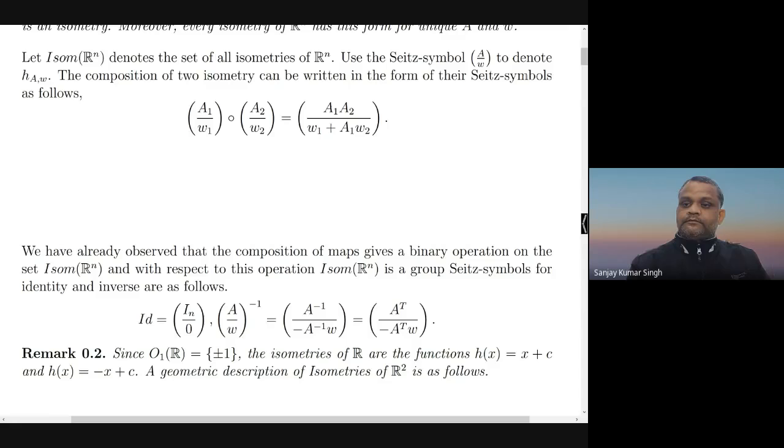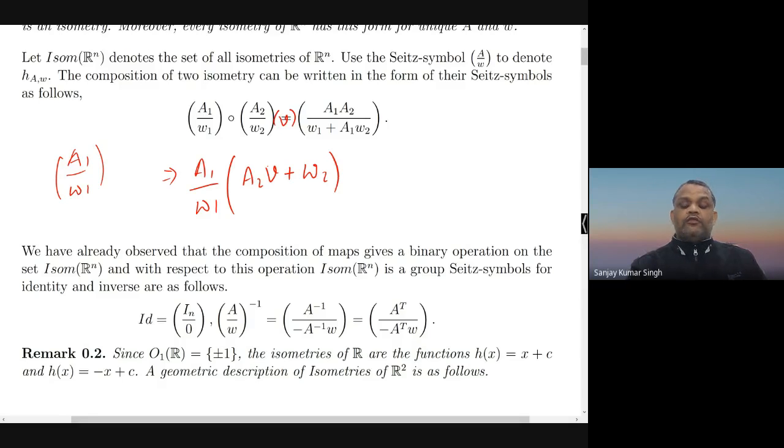Now I am interested in computing this at the point V. So what is this by definition? It is basically (A1, W1) applied to A2 V plus W2. Now I want to apply this, so it will be A1 acting on this vector, so it will be A1 A2 V plus A1 W2, and again W1 will come here.